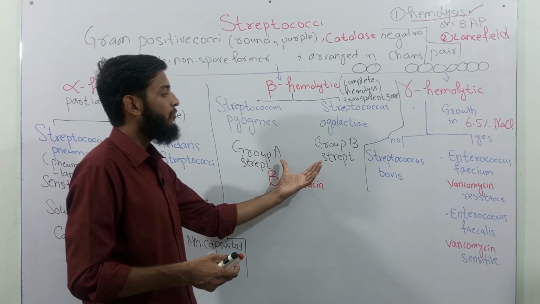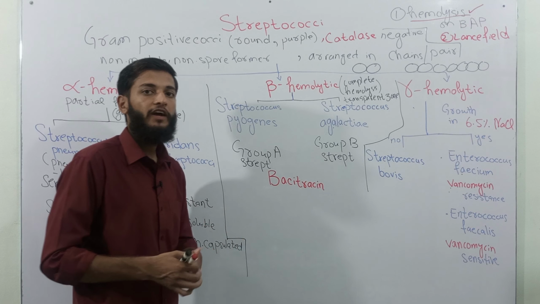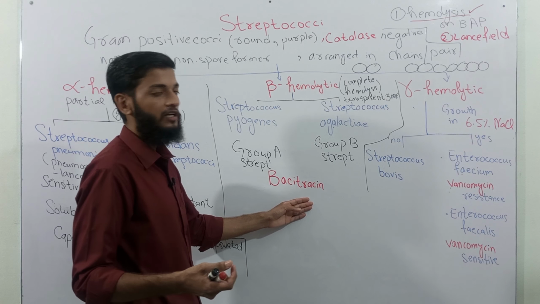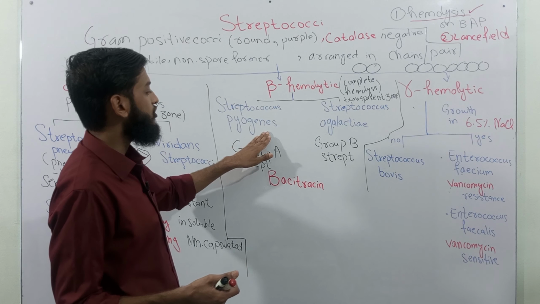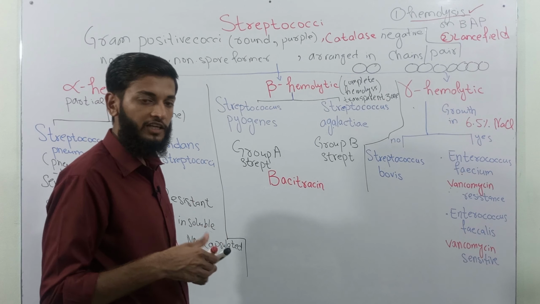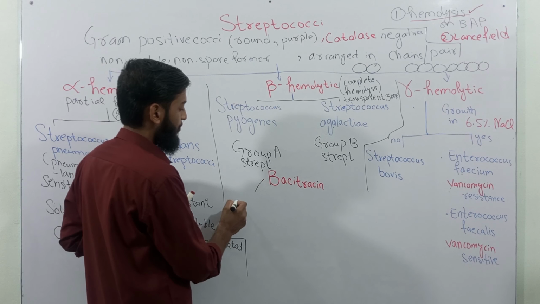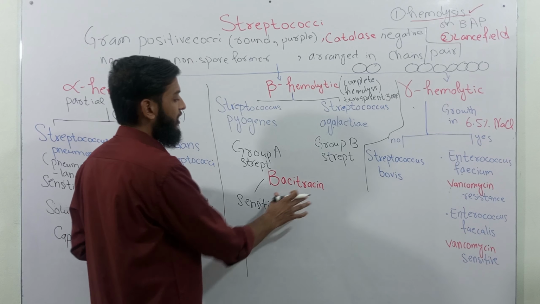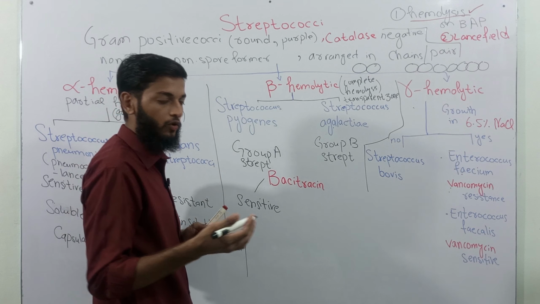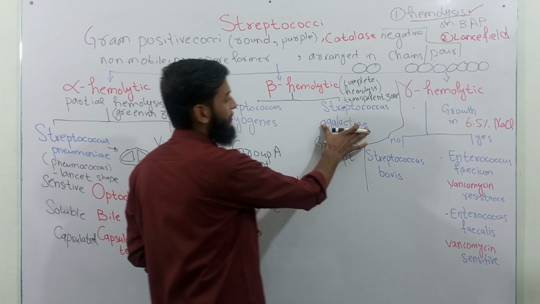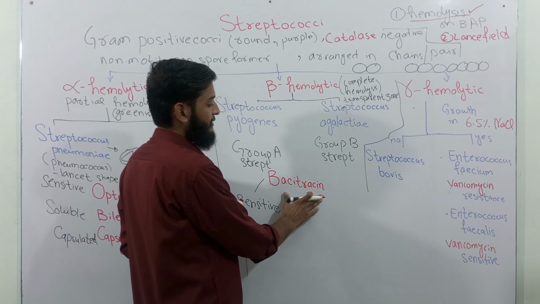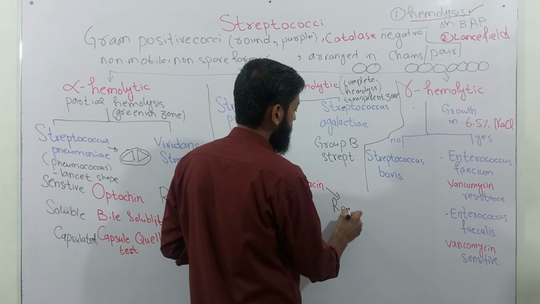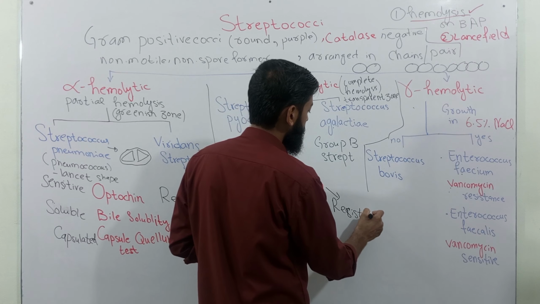These two groups are differentiated from one another on the basis of the bacitracin test. Bacitracin is an antibiotic. Streptococcus pyogenes is sensitive to bacitracin. That means in the presence of bacitracin, Streptococcus pyogenes cannot grow. Whereas Streptococcus agalactiae are bacitracin resistant. That means bacitracin has no effect on their growth.